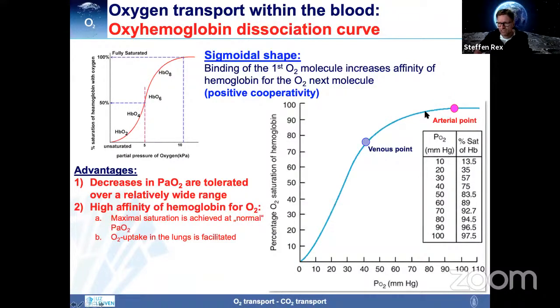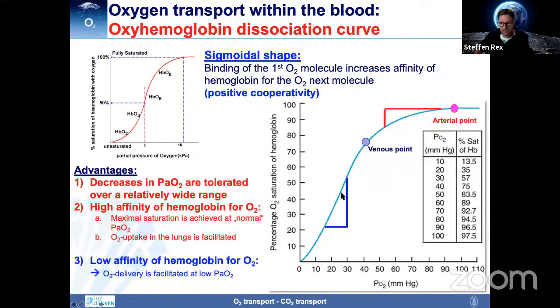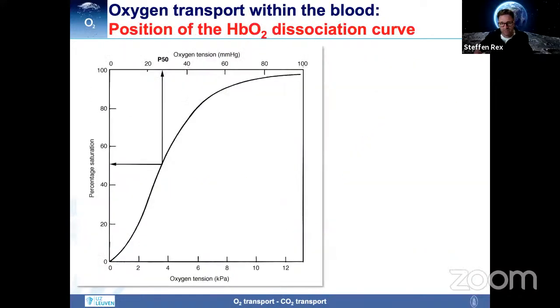The saturation does not drop dramatically. On the other end, at the venous part of this dissociation curve, hemoglobin has a very low affinity for oxygen. That means that oxygen delivery is facilitated at low PaO2s. That means in the peripheral tissues, oxygen release is facilitated.